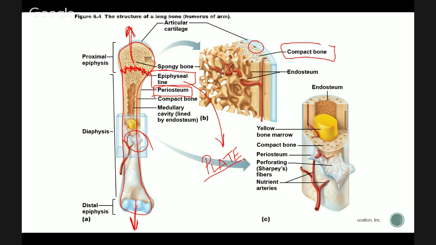So if you break your bone and you tear the periosteum, it's going to be painful. It's going to hurt. So you do have some nervous feedback or pain feedback. We call it nociception coming from the bones, and it's related to the periosteum. Inside the bone, lining the medullary cavity, we also have something very similar called endosteum. The same type of connective tissue covering, except this is on the inside of the bone.